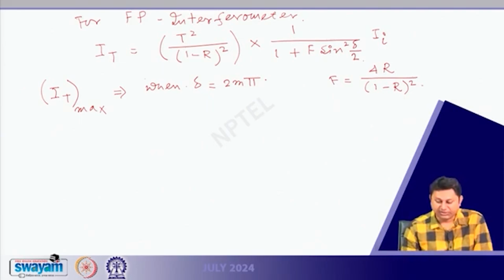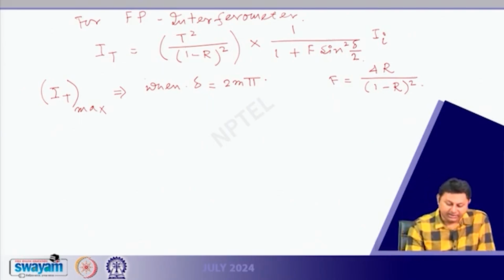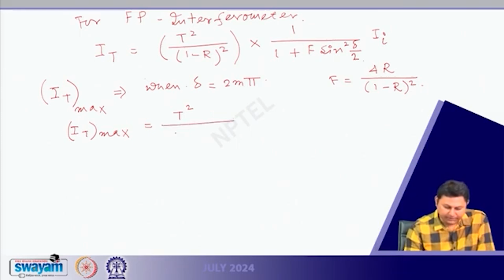So, the denominator will have only 1, and in that case IT max will be simply T square divided by 1 minus R square.